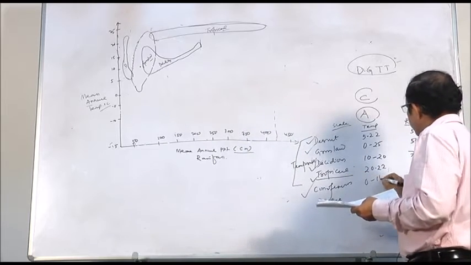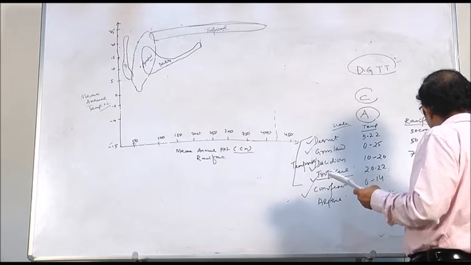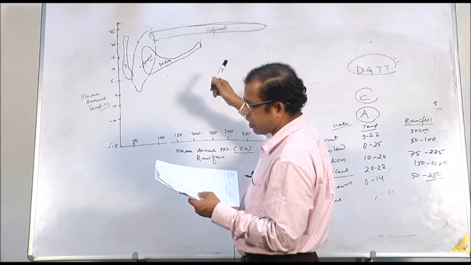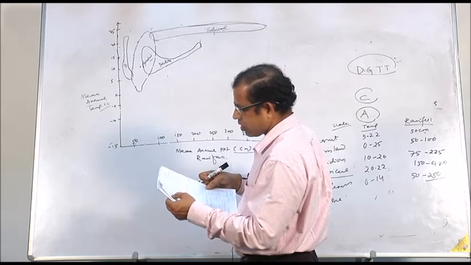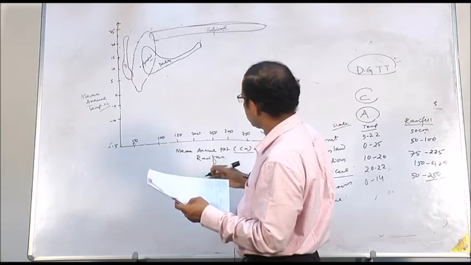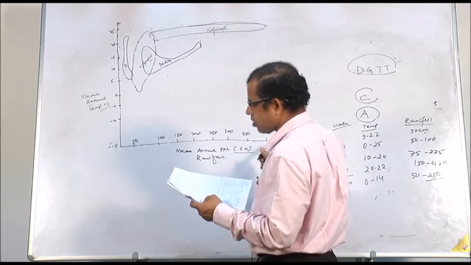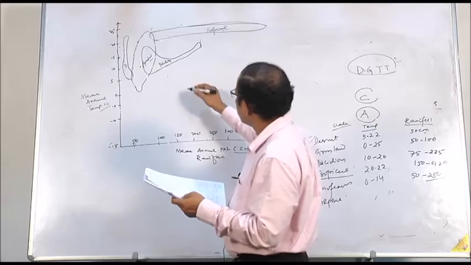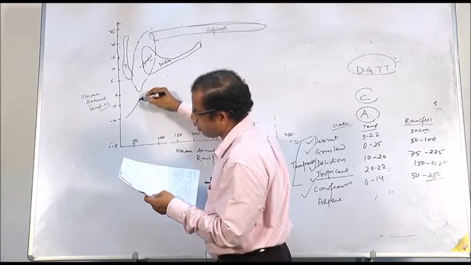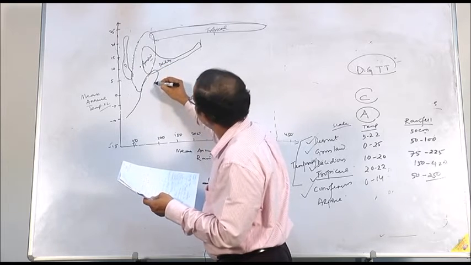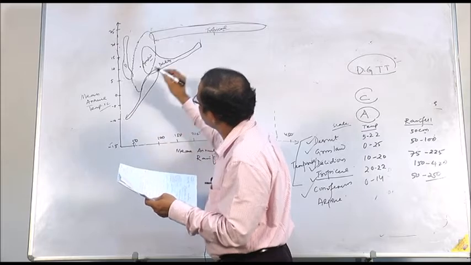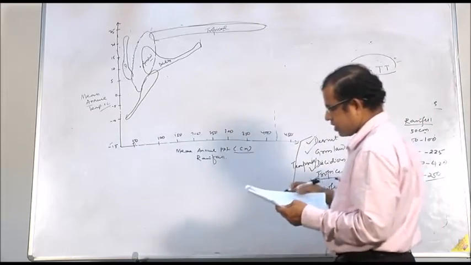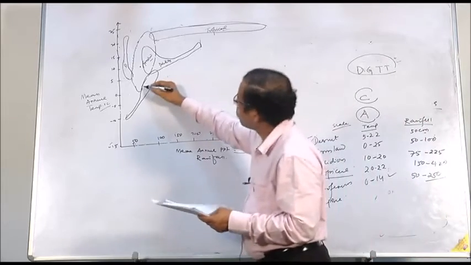It is from 0 to -14 in temperature and 50 to 250 in rainfall. So it will go like this, 0 to minus 14, and it will be a cone shape.